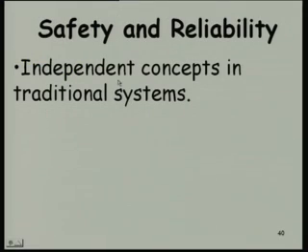Now, let us elaborate this concept of safety and reliability, because it is an important issue in a real time system. In traditional systems we have these concepts also, safety and reliability, and there the concepts of a safe system and a reliable system are independent. For example, we can have a safe system which is not reliable, and we can have a reliable system but not safe.